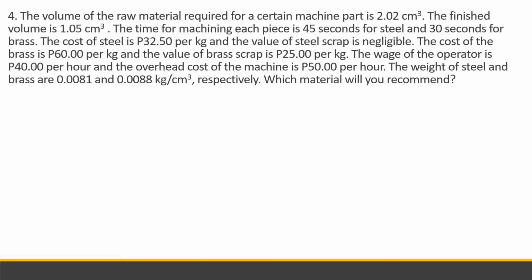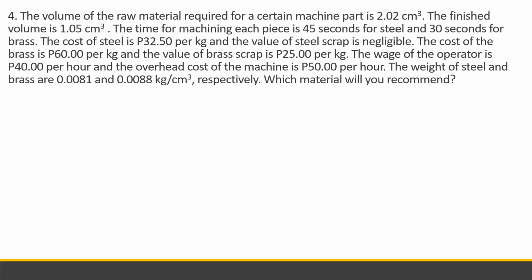Okay, so fourth problem. So the volume of the raw material required for a certain machine part is 2.02 cubic centimeter. So the finished volume is 1.05 cubic centimeter. So the time for machining each piece is 45 seconds for steel and 30 seconds for brass.